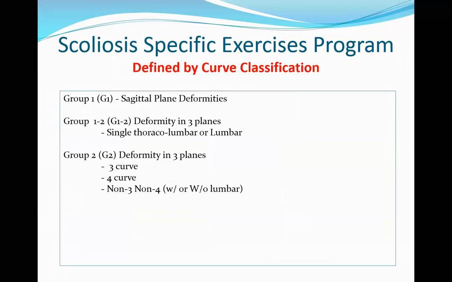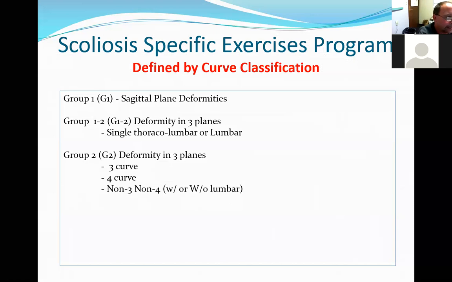Even if they have just a single thoracic curve, if the apex is at T8 or T9, we don't have a single thoracic classification. The apex either has to be at the thoracolumbar junction, T12 or L1, or it has to be in the lumbar area to be classified as a single thoracolumbar or a single lumbar curve.